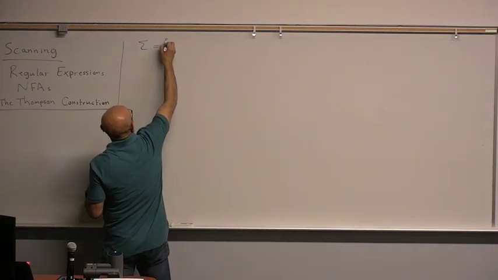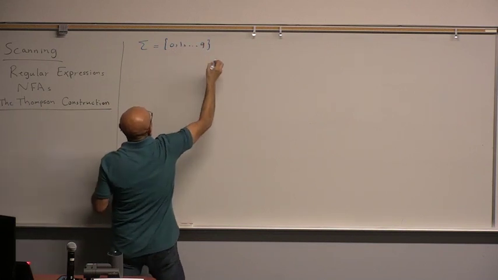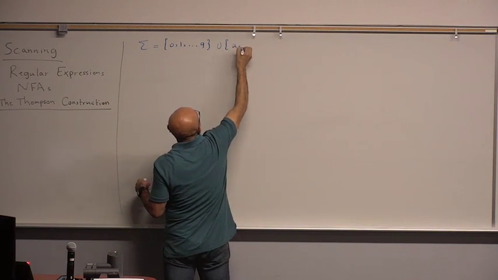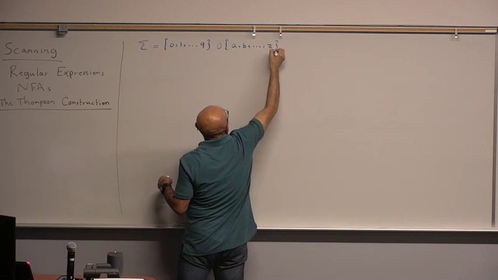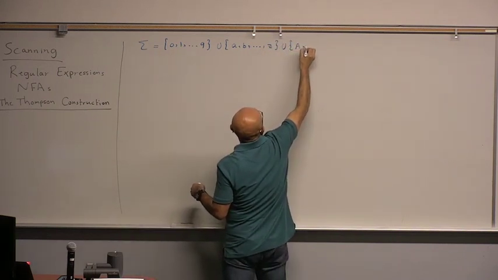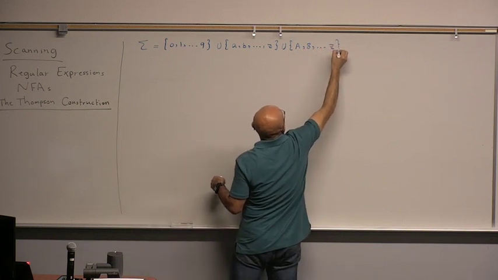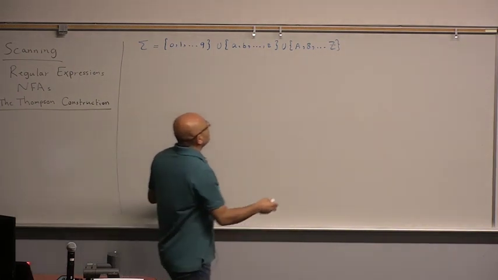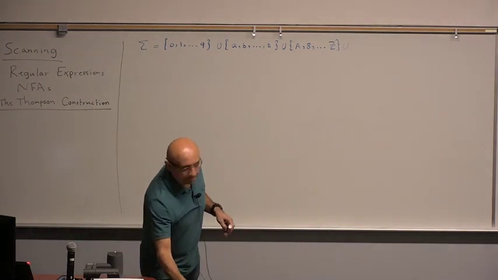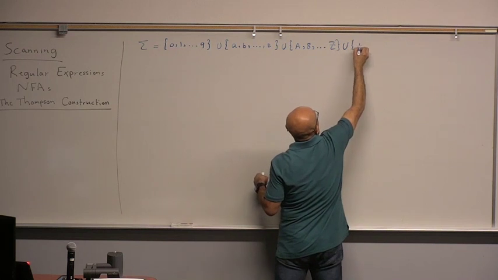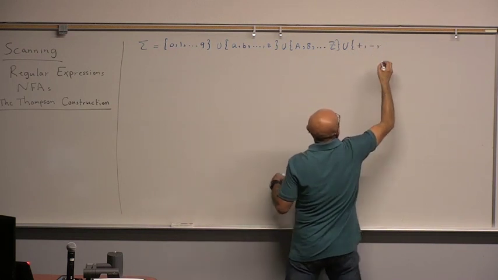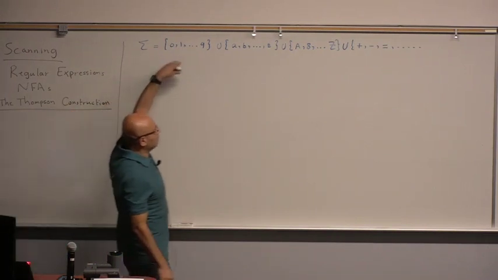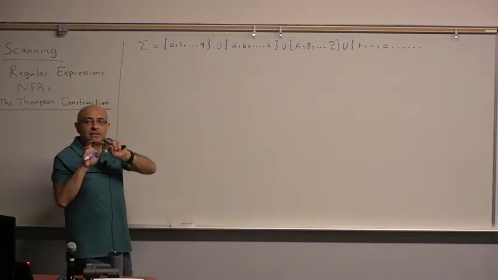So we'll have all the numbers, we will have all the alphabetic characters, A, B, through little z, and we will have even uppercase A, B, through big Z. And we have all the symbols that can appear in a valid program, like plus, minus, equal, etc. So this is not the whole thing, but now you understand that it has all the symbols that you can type in when you are writing a program.